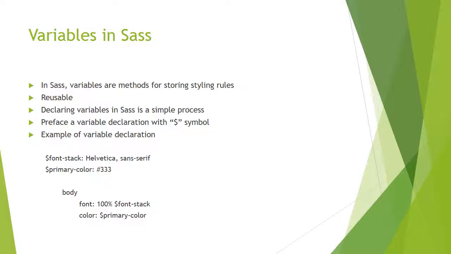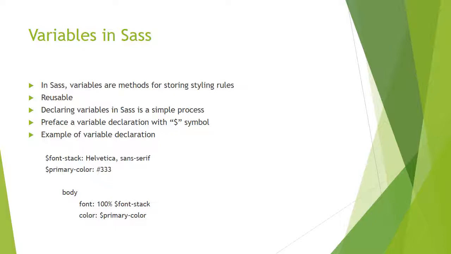And then we have a color variable declaration. Now the color, just like in CSS, there's different ways of doing it. You can actually name the color like red or whatever, or you can use a hex value, an abbreviated hex value like we have here.